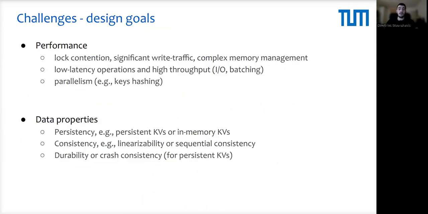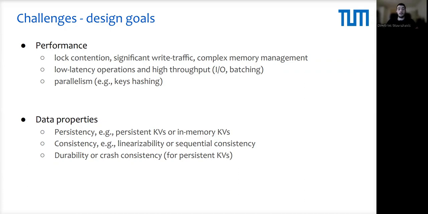However, designing a key value store is not a trivial process. Special consideration has to be given to its performance characteristics. A system designer has to consider the effect of lock contention and how the write traffic and the memory management can affect the query operations performance.